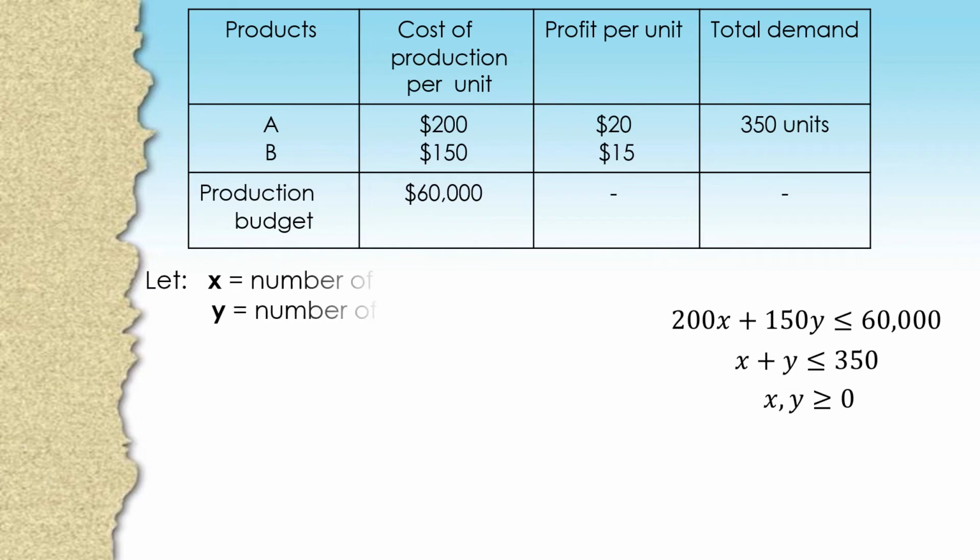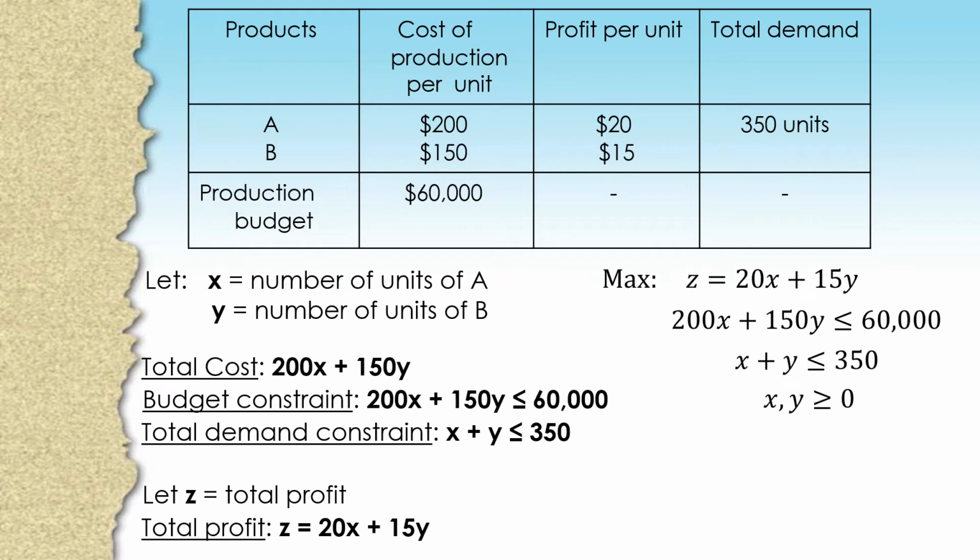And then after the table, let us represent X as the number of units of A and Y as the number of units of B. And then the total cost is 200x plus 150y. And the budget constraint, we have 200x plus 150y less than or equal to 60,000.